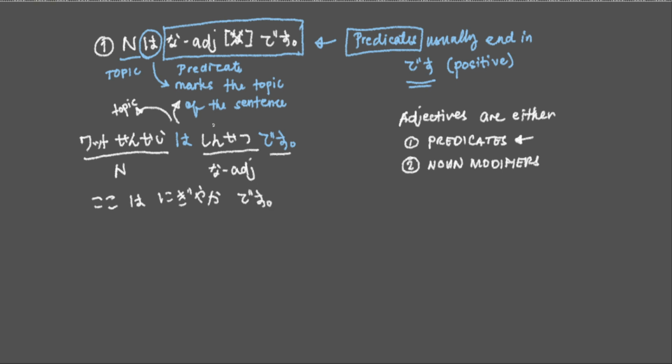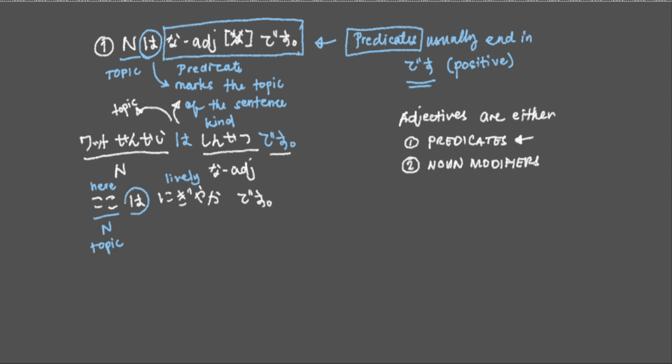Okay, shinsetsu means kind. Koko means here. And then nigiyaka means lively. So we have here koko is the noun or the topic.